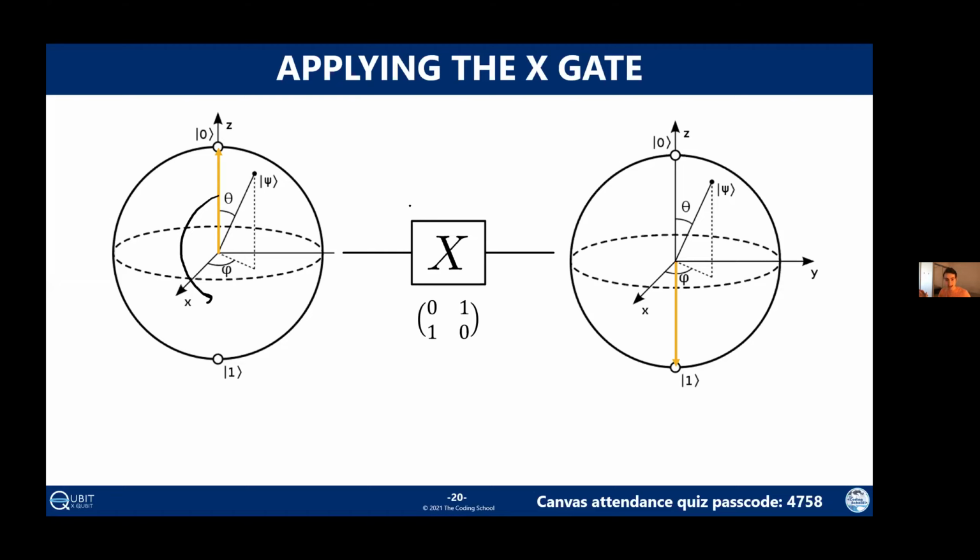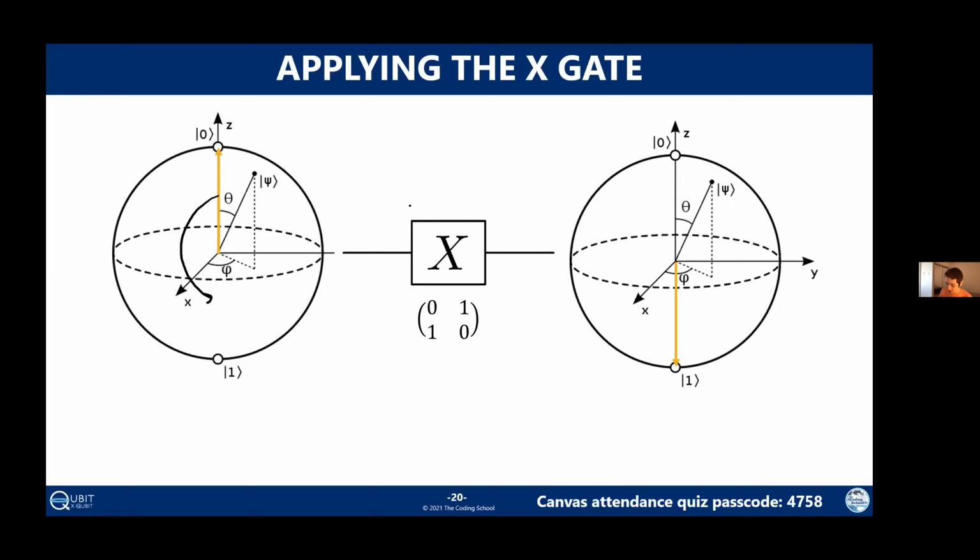Literally any single qubit gate you can think of, X gate, Hadamard gate, and we'll learn about the Y gate, Z gate and rotation gates. Even something like the Hadamard gate is a rotation. Every single qubit gate can be visualized as a rotation of the Bloch sphere.